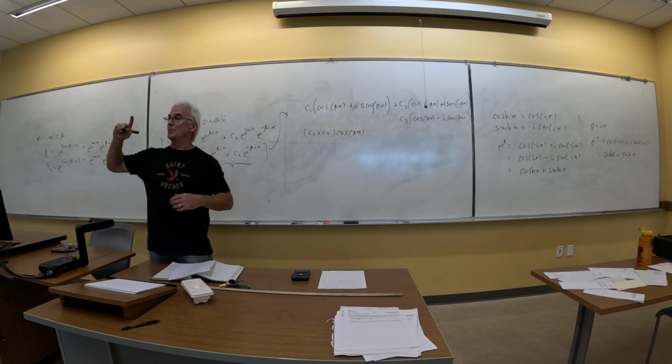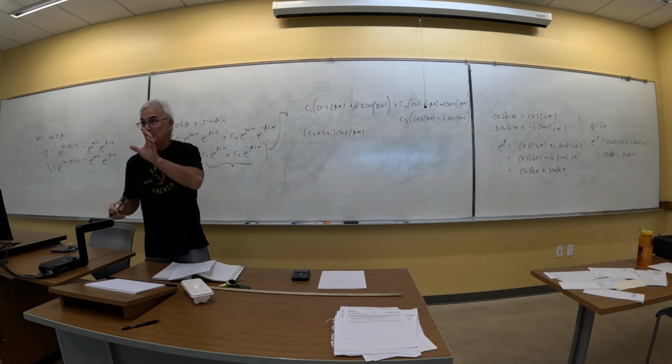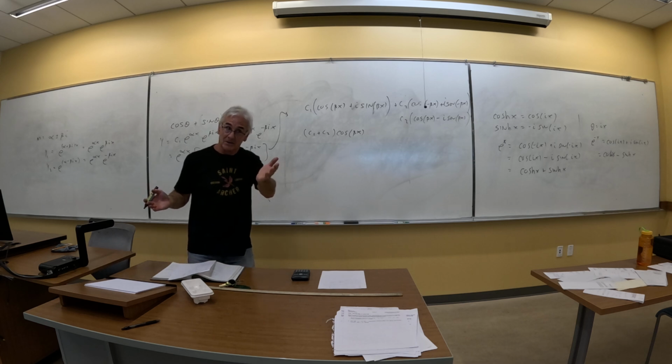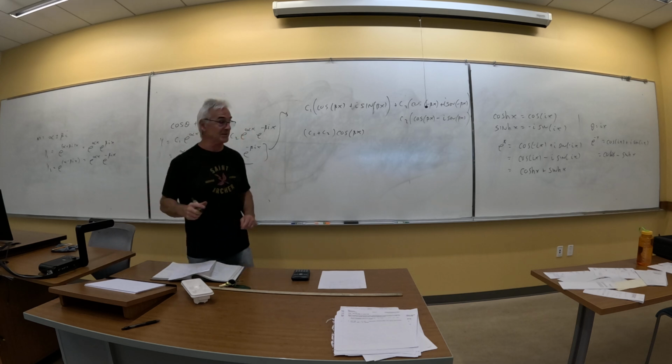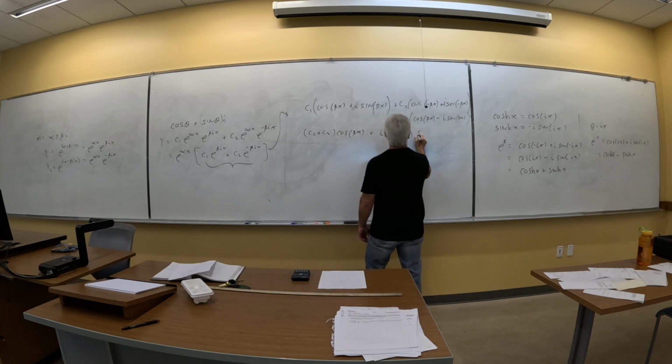Remember when we solved the quadratic, we got alpha plus beta i? Alpha and beta are real. It's the i that made it complex. But alpha and beta are absolutely real. That's not even a question. Then what? Plus i times C1 minus C2 times sine beta x.